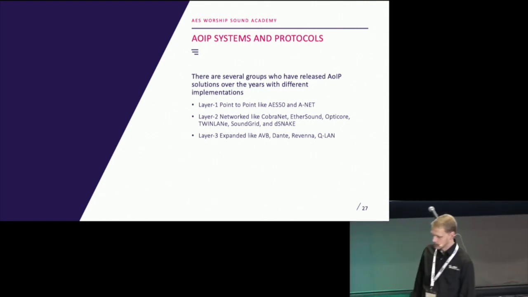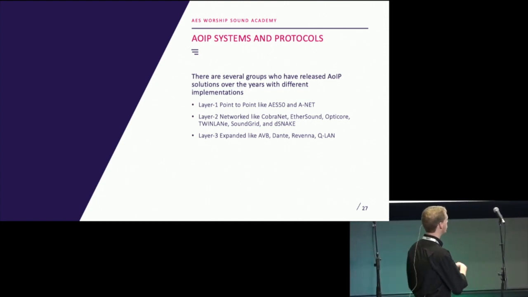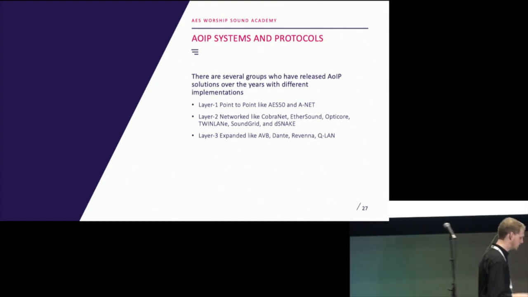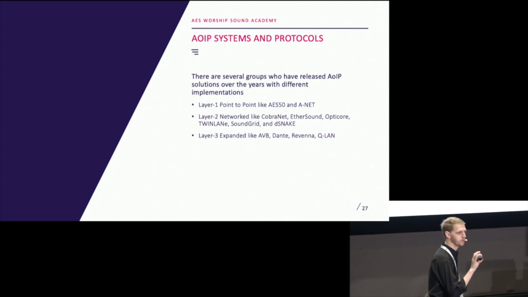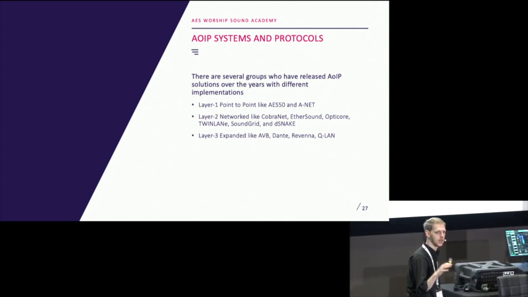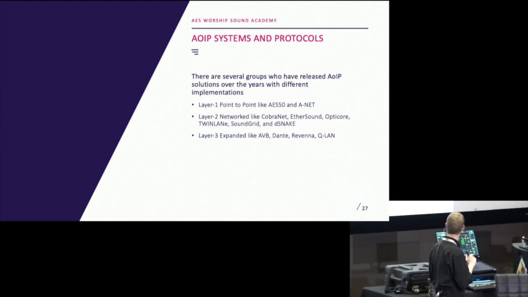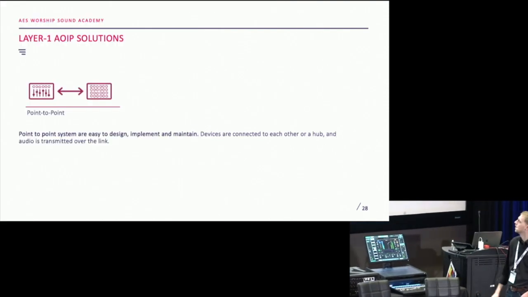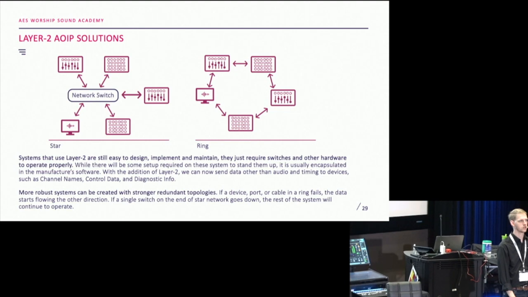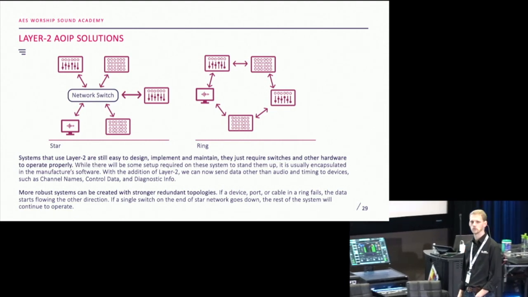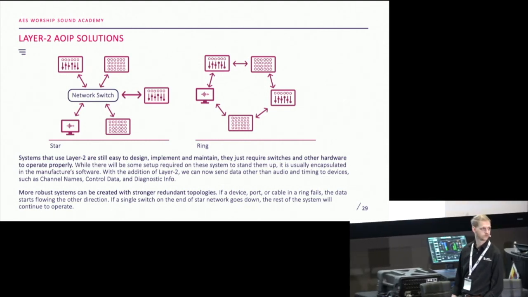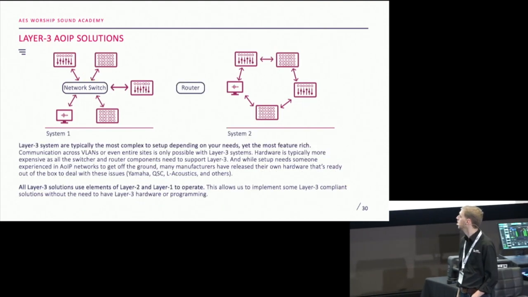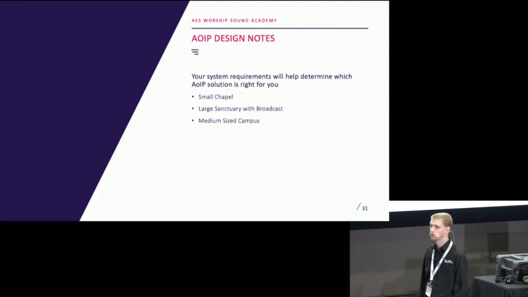Well, anyway. And because of layer 3, we can utilize things like AES 67 to communicate between these, because they now have a way to communicate to each other. So thanks to the layer 3 stuff. Okay. All right, what else? Any other questions on this before we move on to some system design thoughts? No? Clear as mud? Cool.